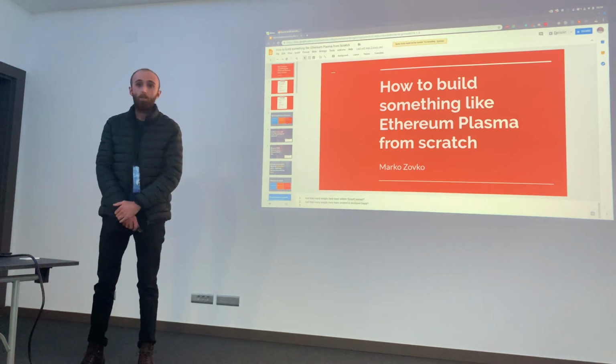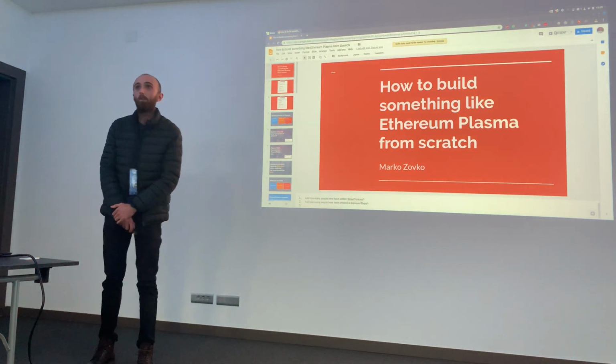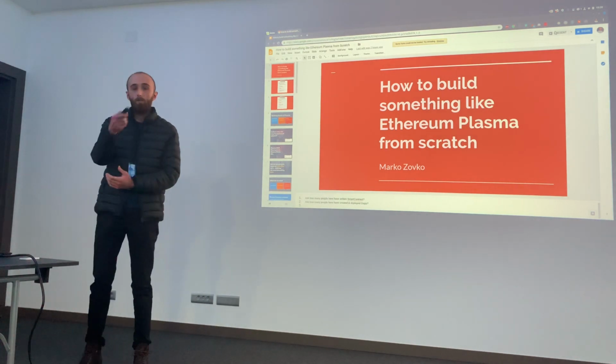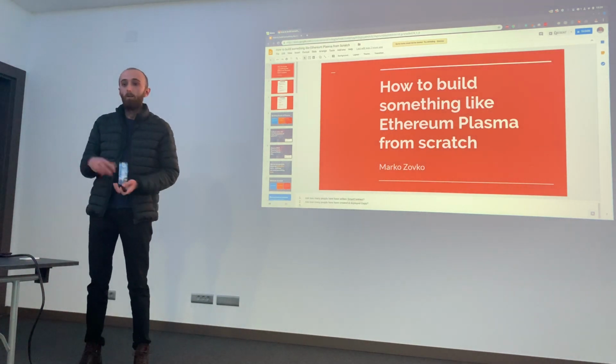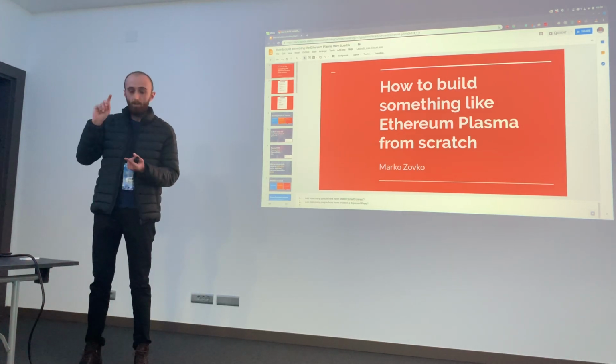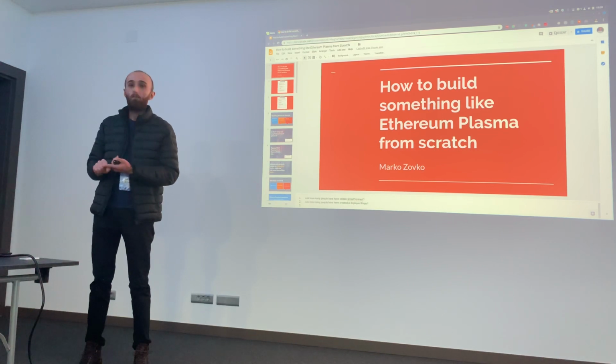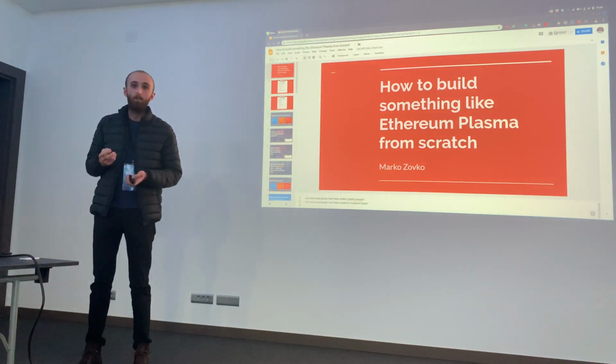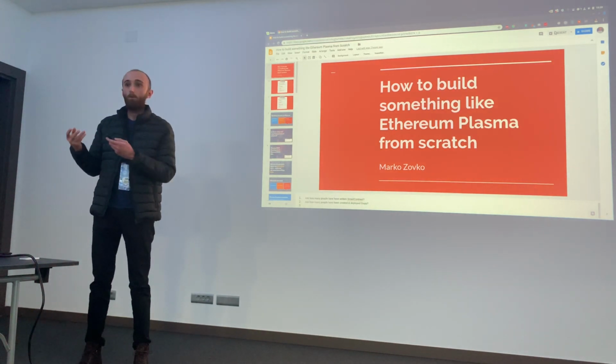Yeah, I think it is, because it removes, for example, the thing that Oli was talking about at this conference: the user experience when the MetaMask window pops up, or you need to sign this transaction, you need to set gas fee or stuff like that. If you run a sidechain, you don't need to care about any of that.